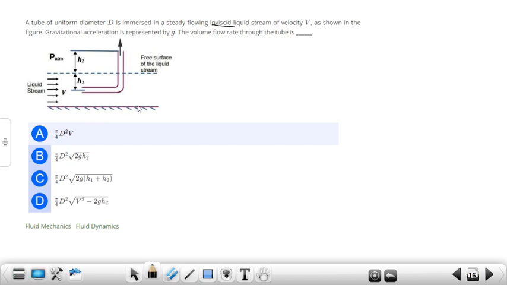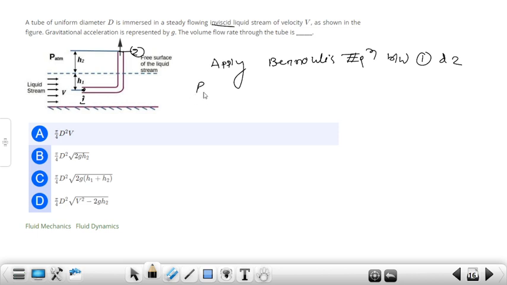So this is the point 1, and this is 0.2. Now apply Bernoulli equation between 1 and 2.